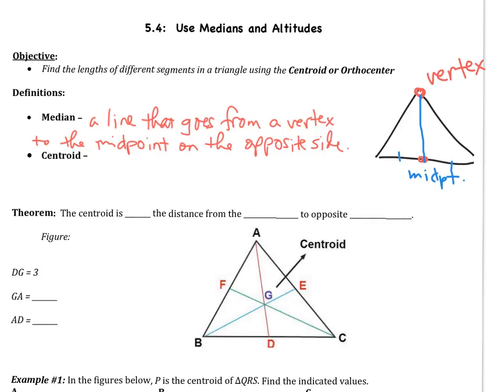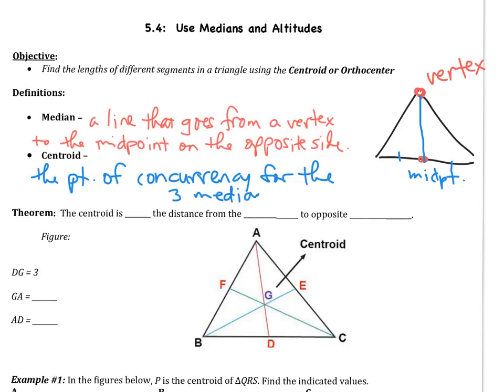The centroid is the point of concurrency for the three medians. It's where the three medians intersect. And you see a picture right here.